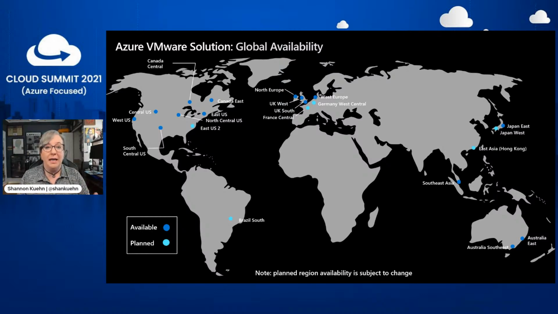All of the planned regions are available on our public website. Just note that if you are hoping for one of these planned regions to come online and maybe the date slips, that is a possibility. So be prepared to work with your Microsoft counterparts to understand what the timetables look like if you are thinking about deploying Azure VMware Solution in one of the planned regions.